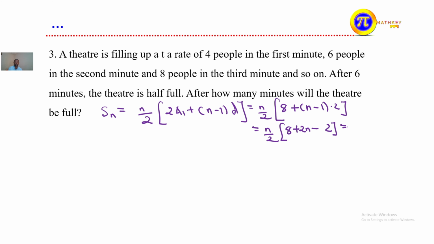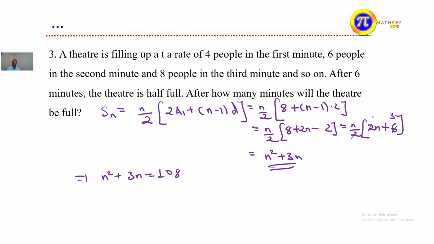This is n over 2 times 2 times (n plus 3). Cancelling the 2s, this equals n times (n plus 3), which is n squared plus 3n. Setting this equal to the total sum 108, this becomes a quadratic equation.